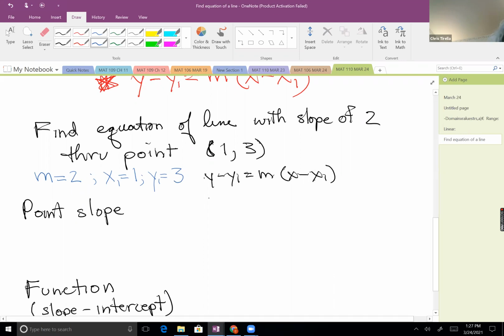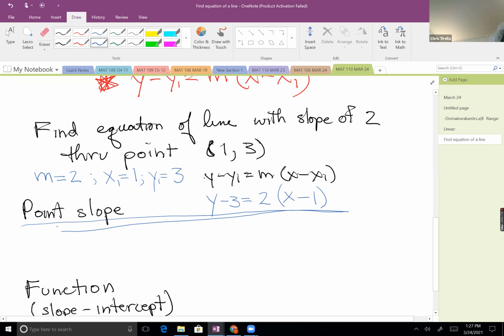And so when I substitute in, I get Y minus 3 equals M, the slope, well, that's 2, times X minus the X value, 1. And in point slope form, that's my final answer.